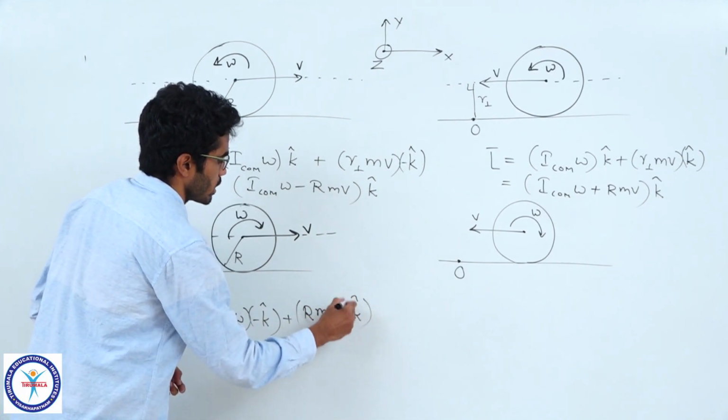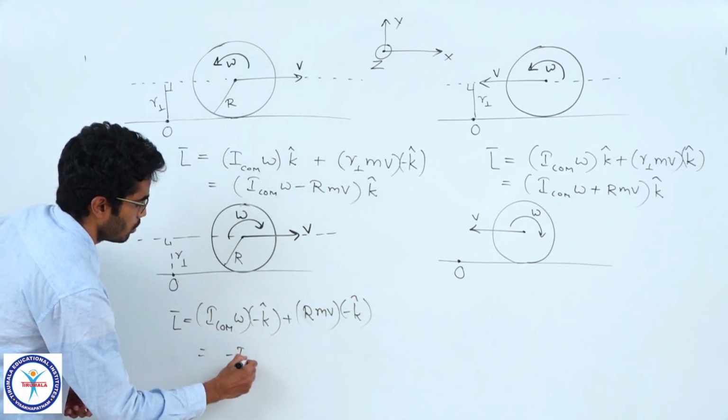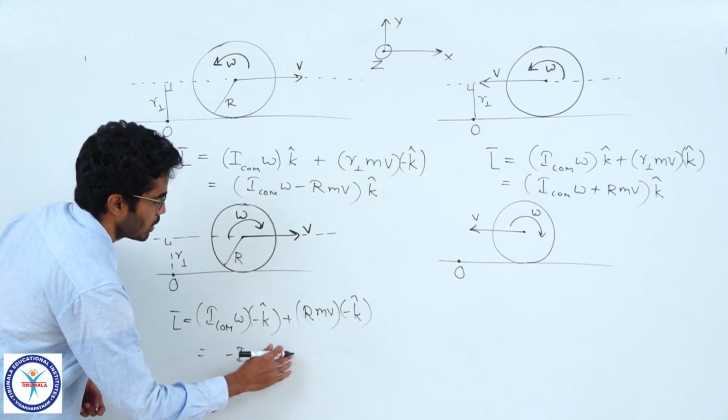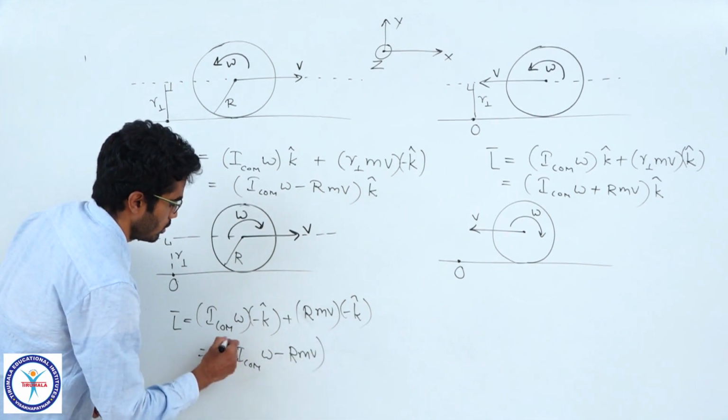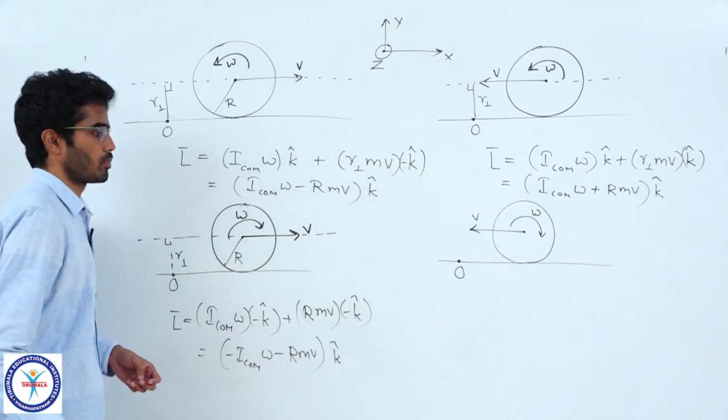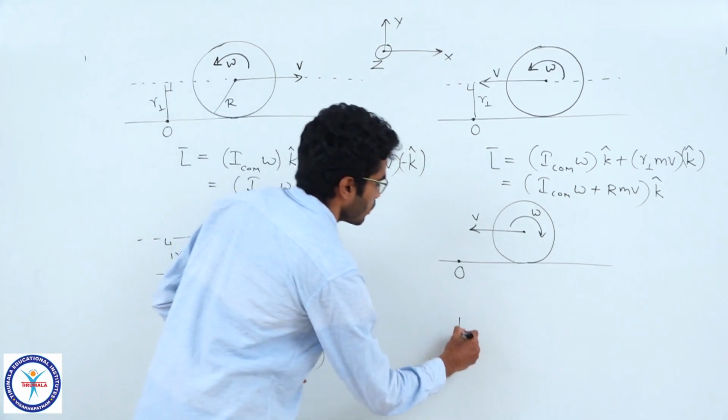Inwards, so minus k cap. So, this will give you minus I center of mass omega minus R mv k cap.